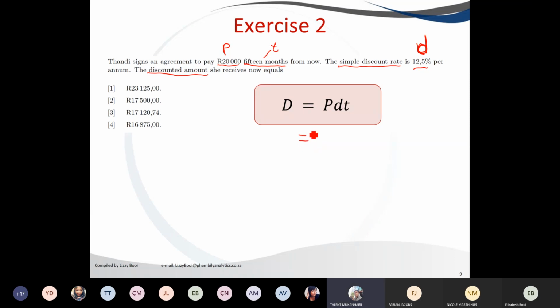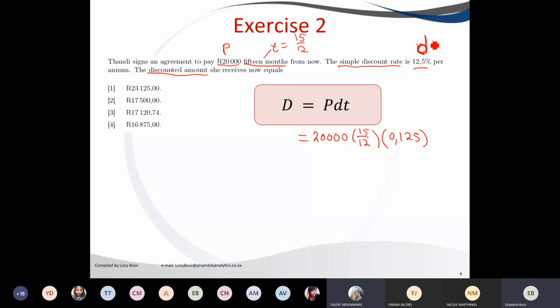The present amount is 20,000 multiplied by 15 over 12, multiplied by 0.125. 15 over 12 is the period, which will be 15 divided by 12.